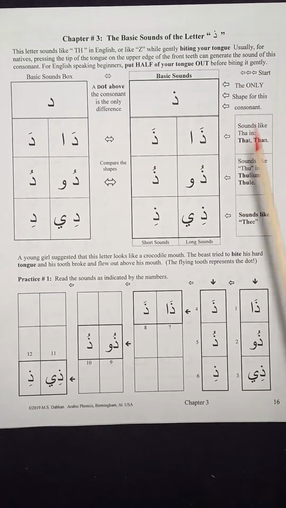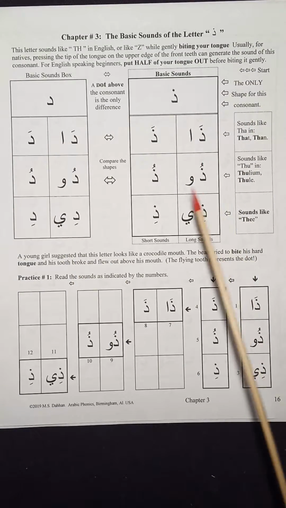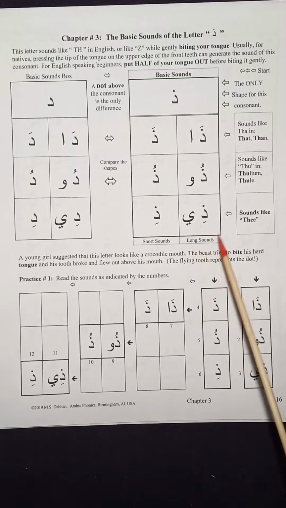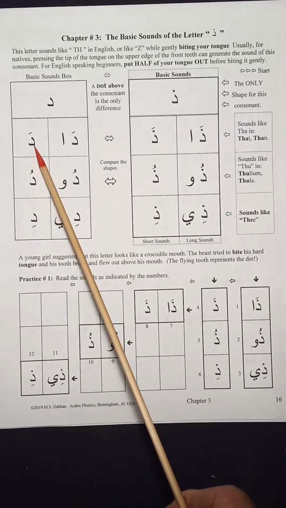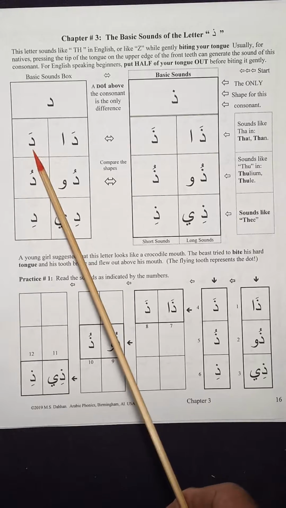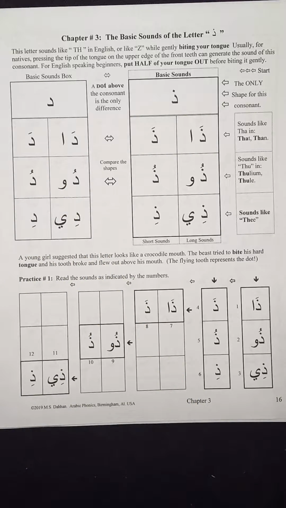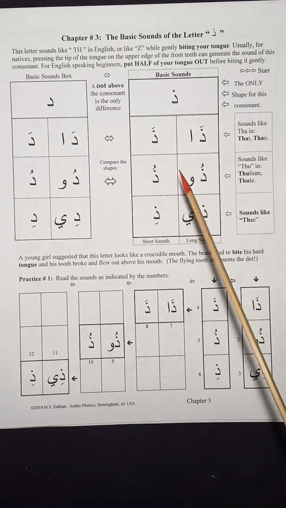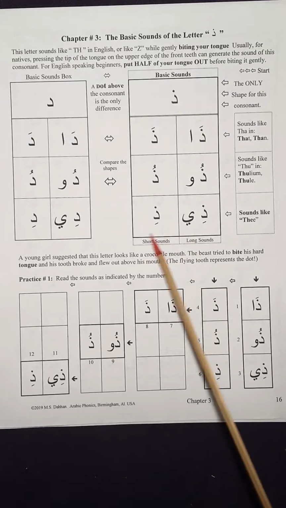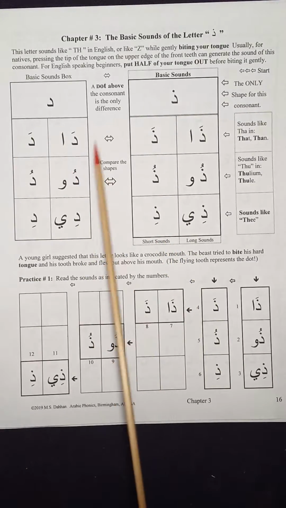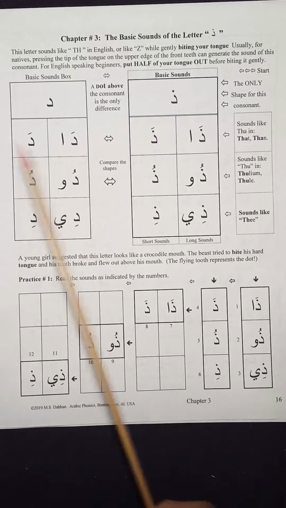Here we have the, thu, the. The short sounds on the letter D are da, do, di. On this letter, this consonant, it is the, thu, the. Now we read them level by level, both long and short sounds.